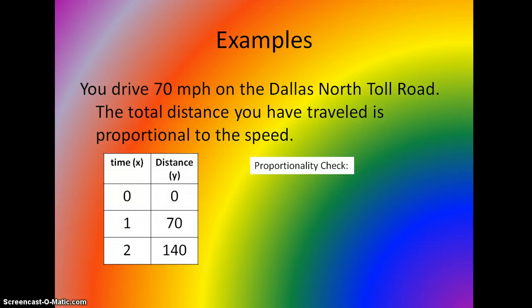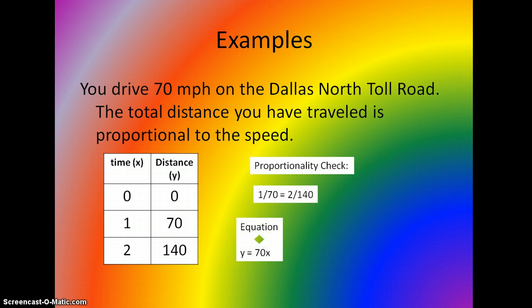So my first ratio would be 1 to 70, and my second ratio could be 2 to 140. If I check with a calculator, these two expressions are equal to each other. So we do have proportionality here, and as the time increases, the distance increases as well. So this is definitely a direct variation.